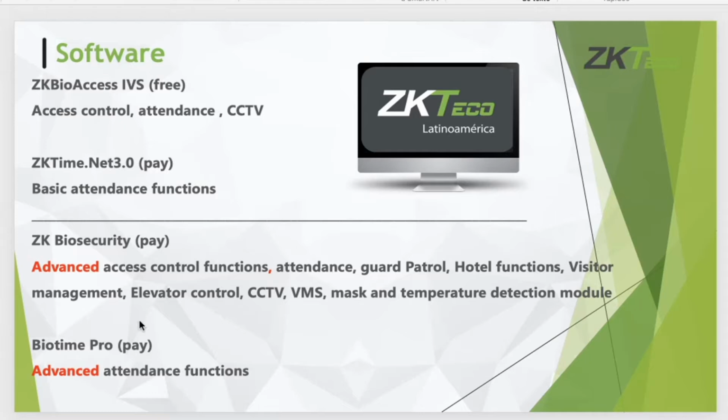Those two have very limited time and attendance registers, while BioTime Pro has a bunch of them. Also, in this software, the user can register check-in or check-out using the app.